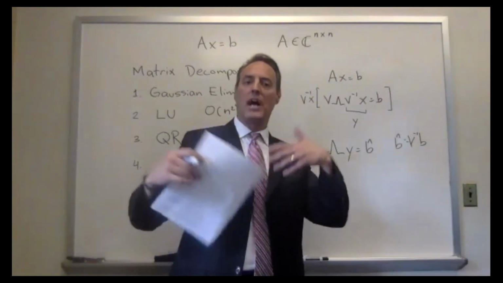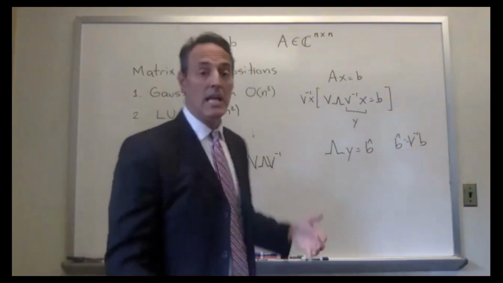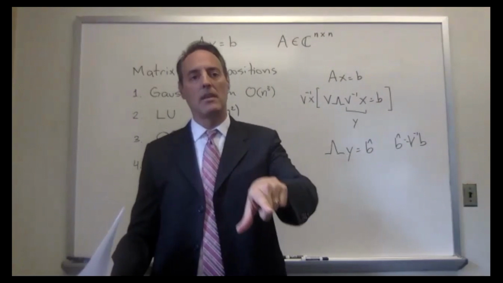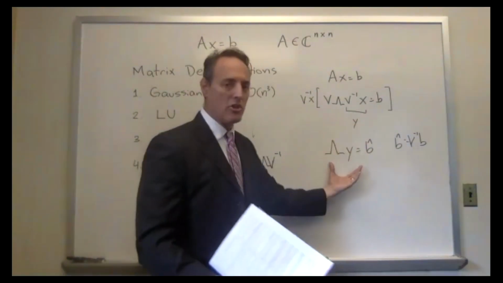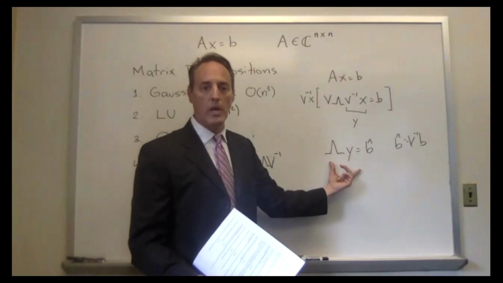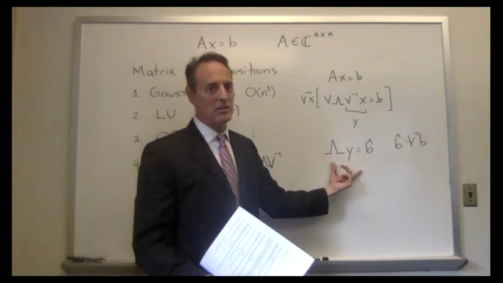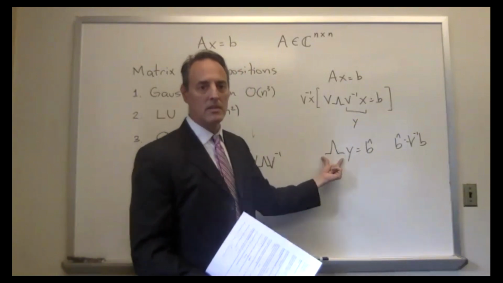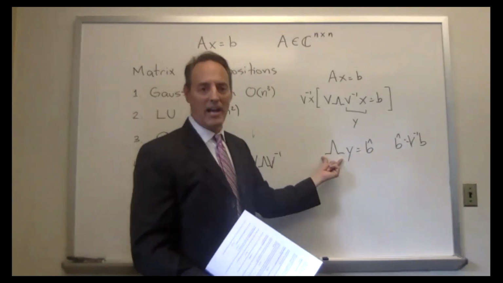So what I've done is I've made a transformation. I've moved into eigenvector coordinates, and you ask the question, what advantage did I get by doing that? What I got is a new linear system of equations. But here's the awesome thing about this linear system. What did I say this matrix was? It was a diagonal matrix with the eigenvalues.